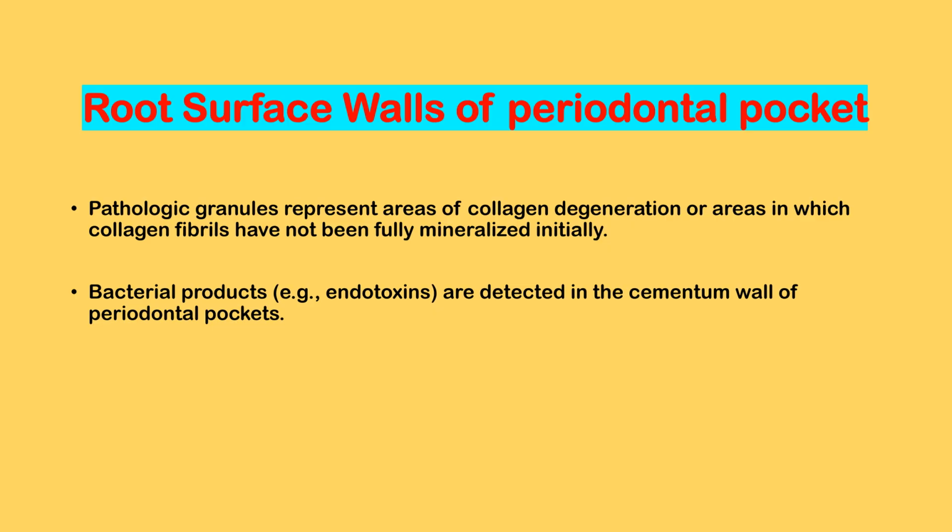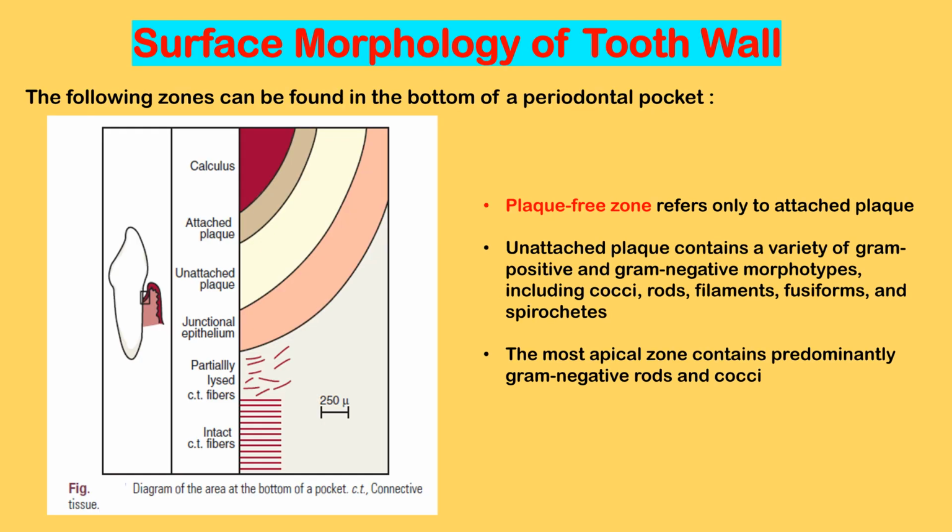The root surface wall of a periodontal pocket shows the presence of pathologic granules, which represent areas of collagen degeneration. Bacterial products like endotoxins are detected in the cementum wall of the periodontal pocket. Coming to the surface morphology of the tooth wall, the following zones can be found in the bottom of a periodontal pocket. In the first zone, cementum is covered by calculus, followed by attached plaque, which is found in the second zone.